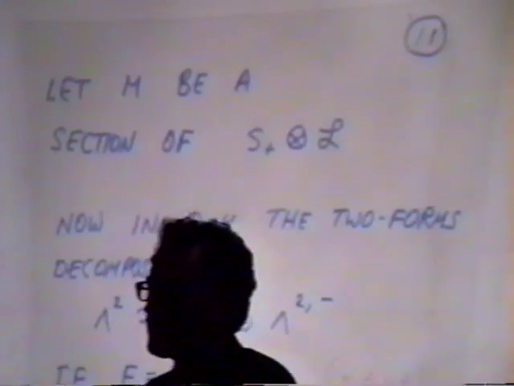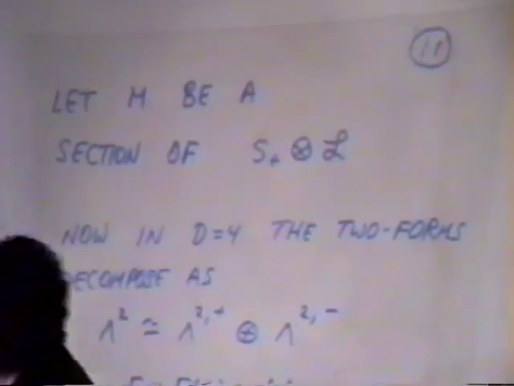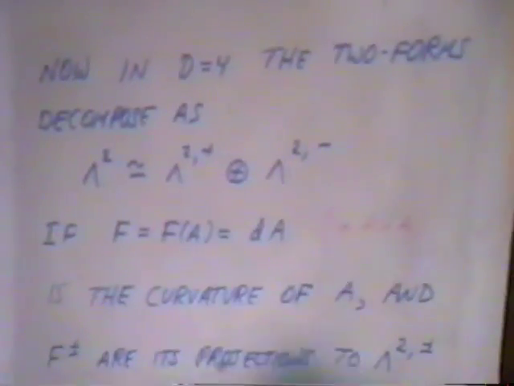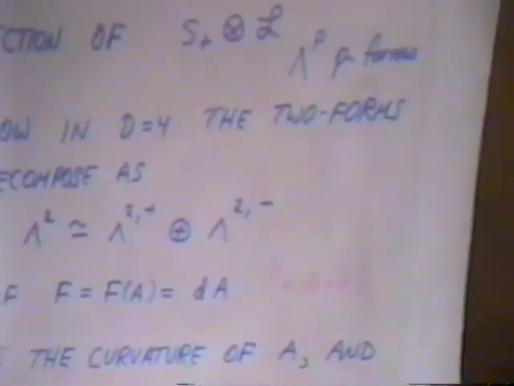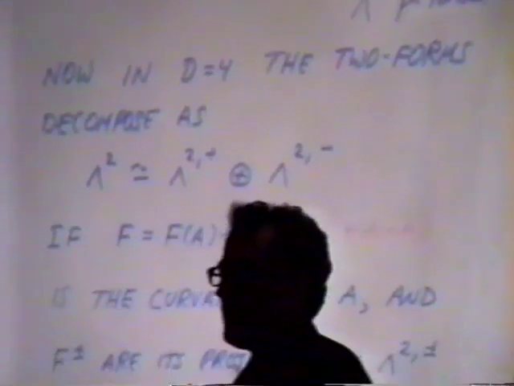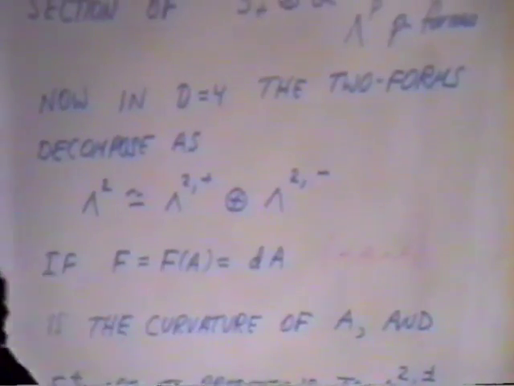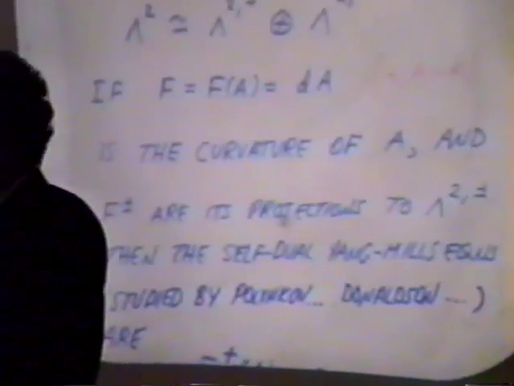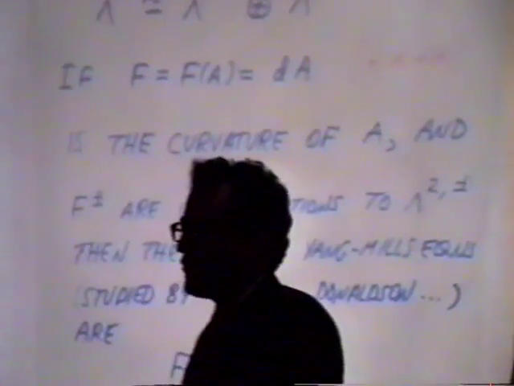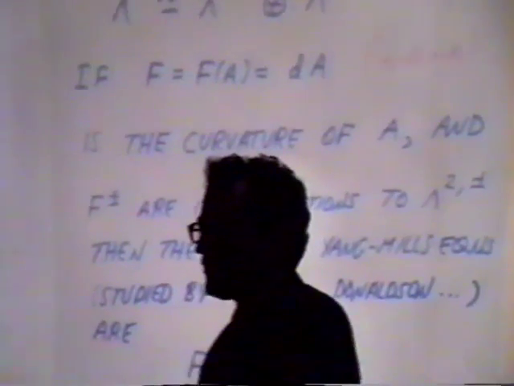Well, what equations are we going to write for this data? Well, in 4 dimensions, I'll use in general the name lambda p for the space of p-forms. But in 4 dimensions on a Riemannian manifold, the space lambda 2 has a natural decomposition into lambda 2 plus and lambda 2 minus, where the two spaces are the eigenspaces of the Hodge star operator. And then the curvature of a connection, well, here since we're in the abelian situation, the curvature lacks its usual non-linear term.